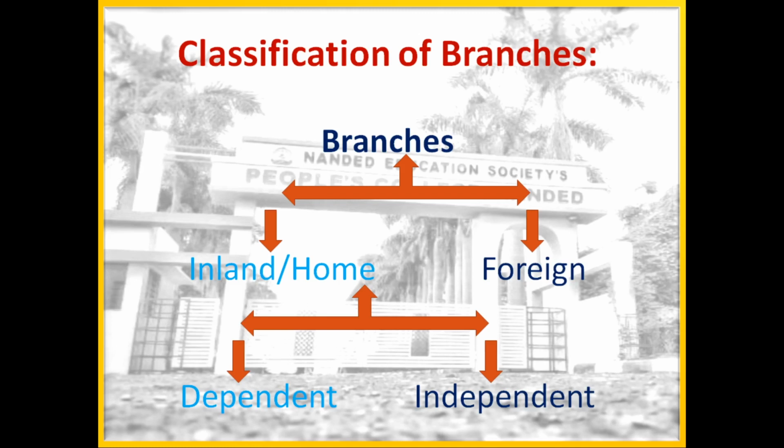Independent branches, these are large branches. They keep their own accounts, prepare trial balance and send it to the head office for its incorporation in head office books. Then foreign branches, these are the branches in foreign countries.